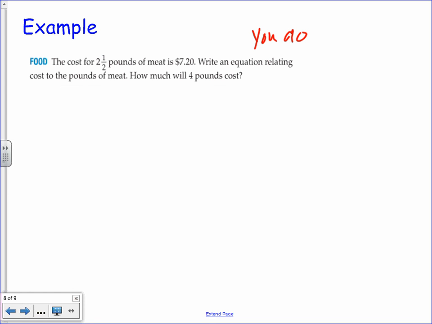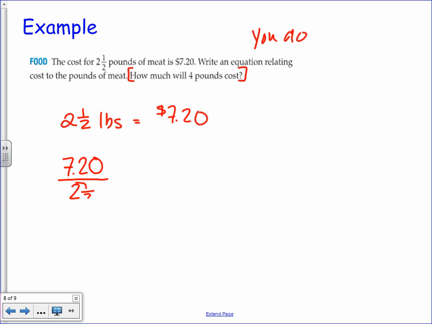Find your constant of proportionality and then answer the second part of the problem. Okay, so we want to find the constant of proportionality for 2.5 pounds. That is $7.20. So how do I write that? Well, that's going to be $7.20 for 2.5 pounds, which is going to be equal to $2.88 per pound.